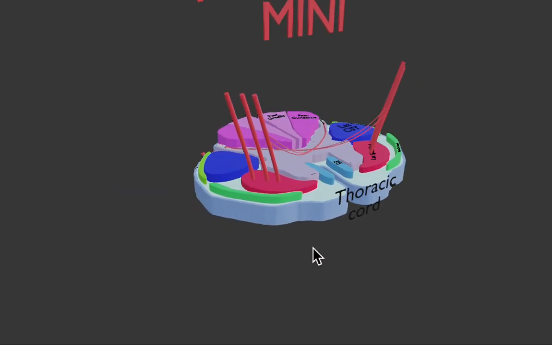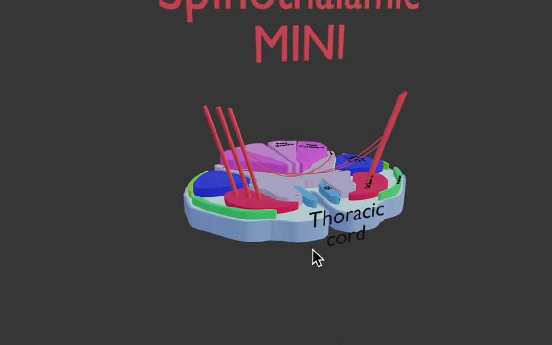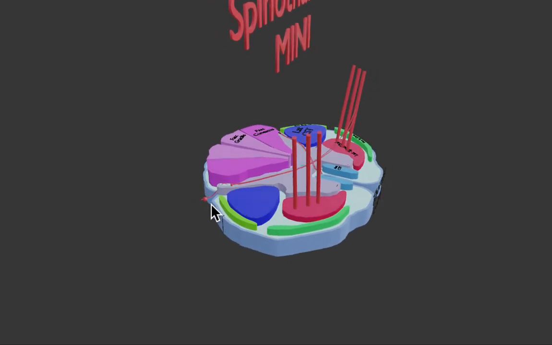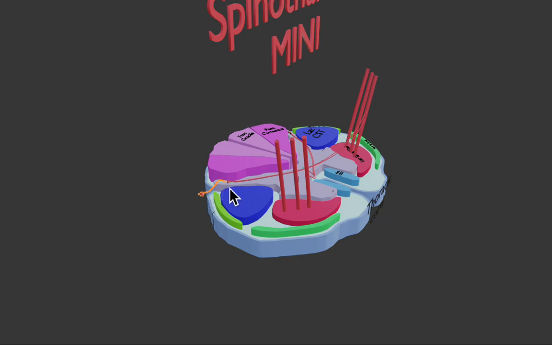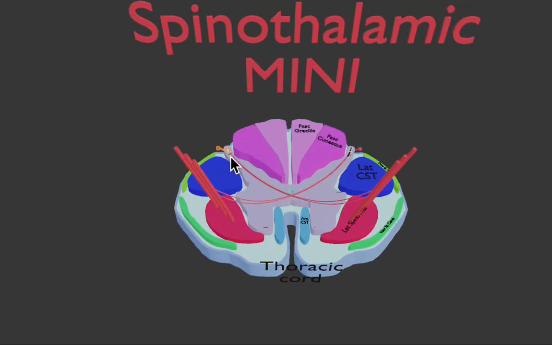Now remember, in any sensory tract, we have something called first order neuron, second order neuron, and third order neurons. If you see at the back, here is the dorsal root ganglia, and that's a sensory nerve entering the spinal cord. That nerve terminates in the posterior horn of the spinal cord, and that's called the first order neuron because it comes and stops.